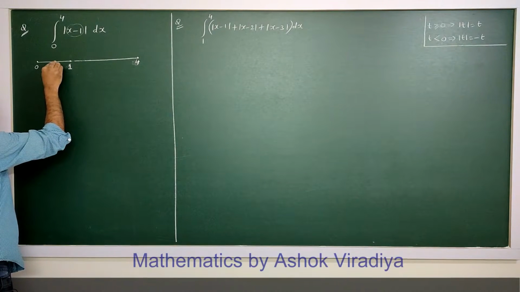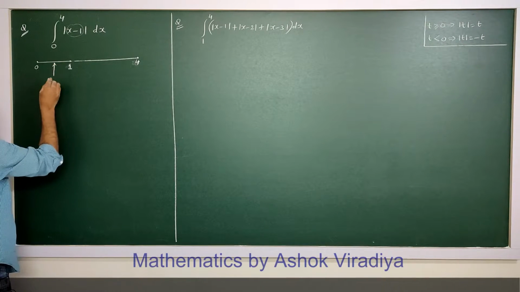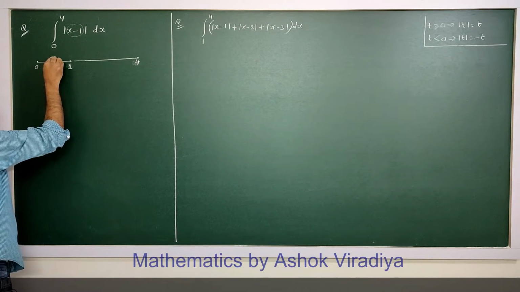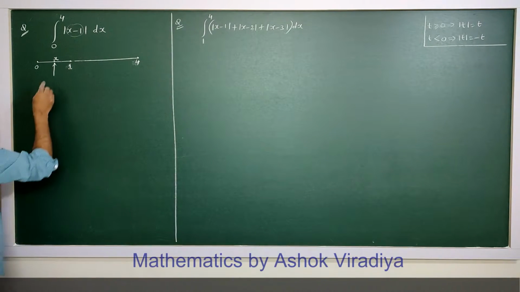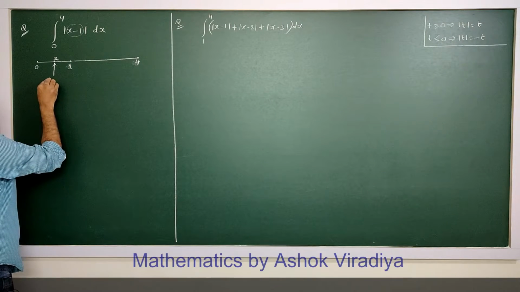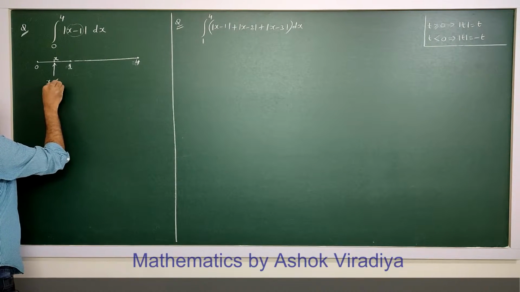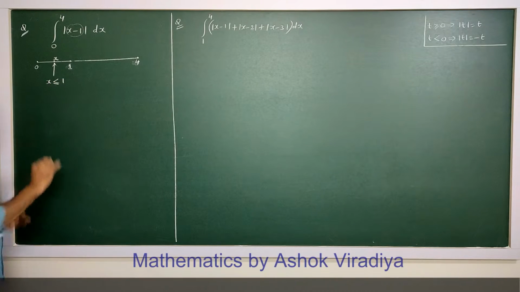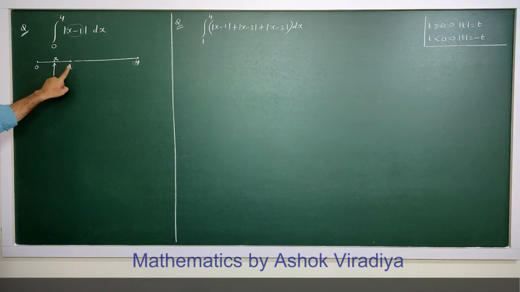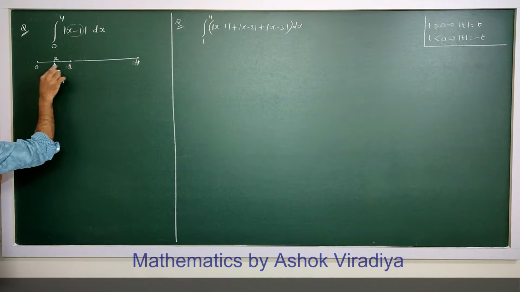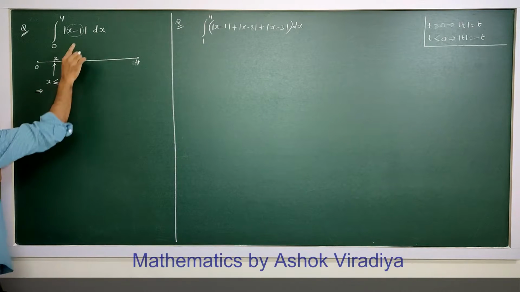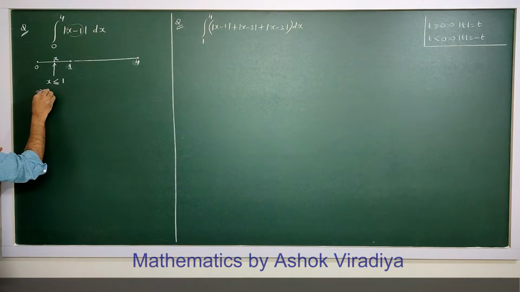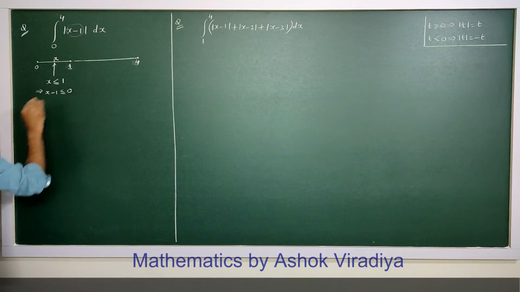And here in this interval, if x is in 0 to 1, then x has a value less than or equal to 1. If x is less than or equal to 1, that means x minus 1 is negative, less than or equal to 0.